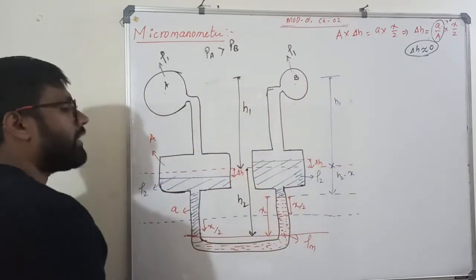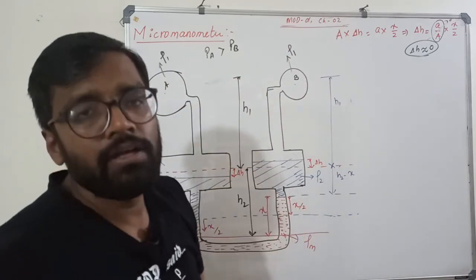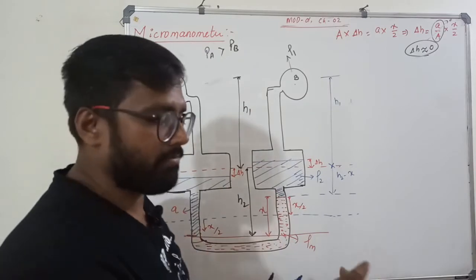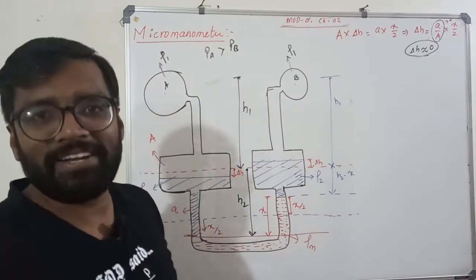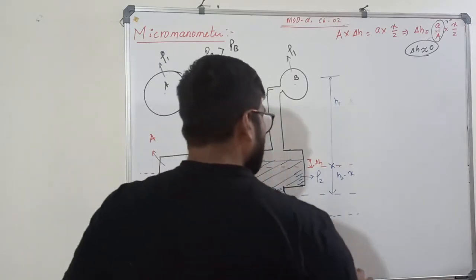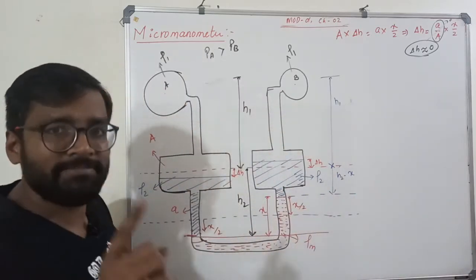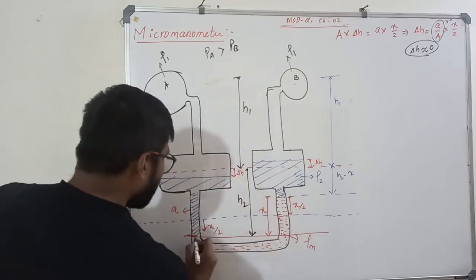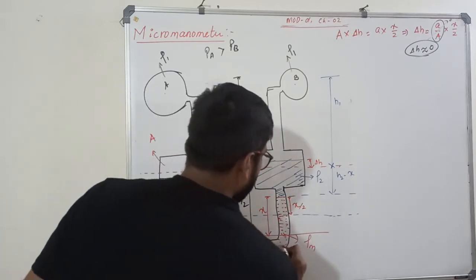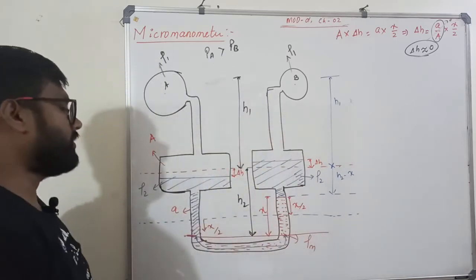But before writing gauge equation, what you should find? You should find a reference line on which you can write the equation. So this is same continuous mass of fluid, homogeneous fluid.